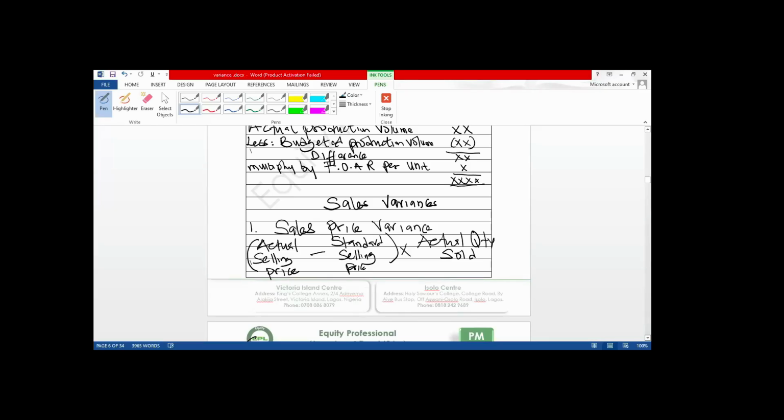Management, we want you to explain, why is it that we cannot achieve our budgeted sales revenue? Sales variance can be divided into two: sales price variance and sales volume variance.